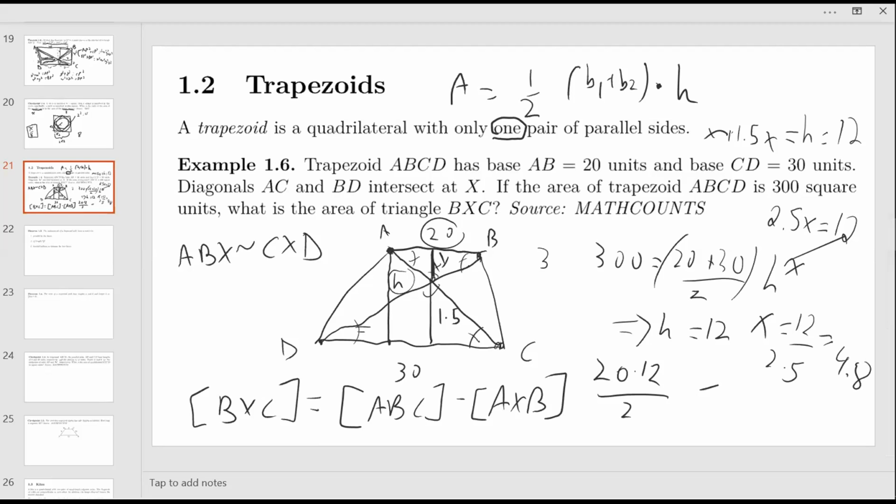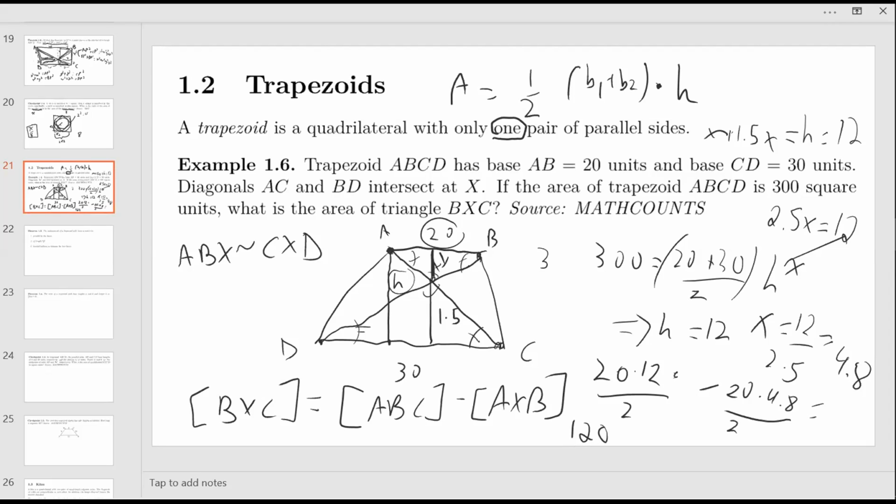So we found the height of triangle AXB. So we know that it has base 20. The area is just 20 times 4.8 over 2. So 20 times 12 over 2 is 120.